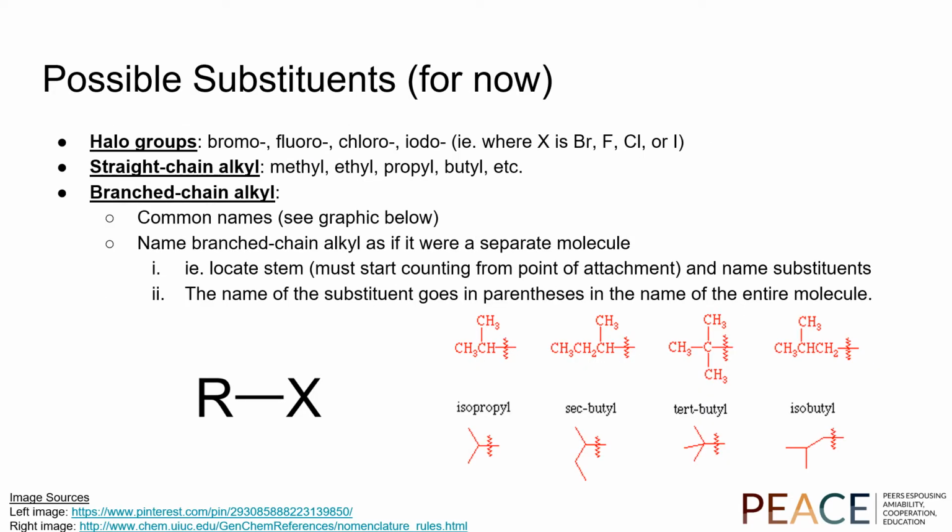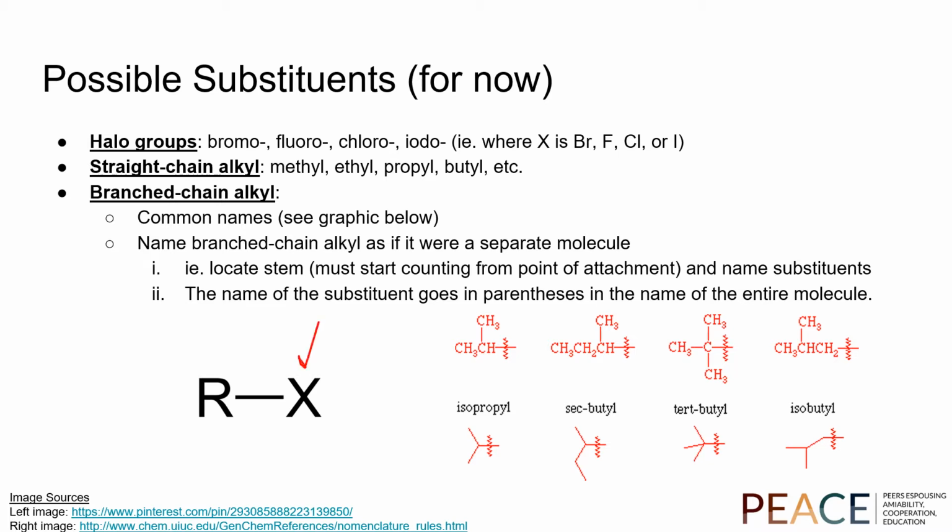So for now, we're just going to practice with two very general substituents, either halo groups or alkyl groups, the latter of which will often be seen as a straight chain or a branched chain. The halo groups are named very simply.